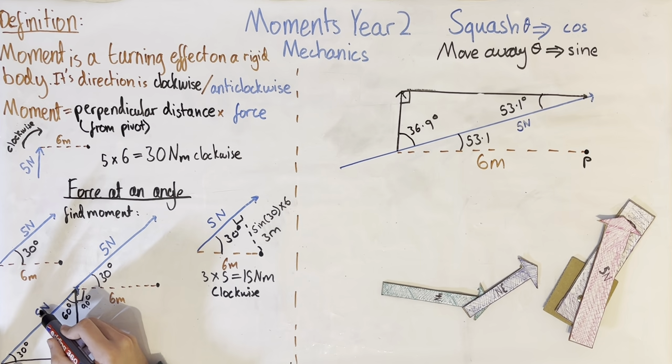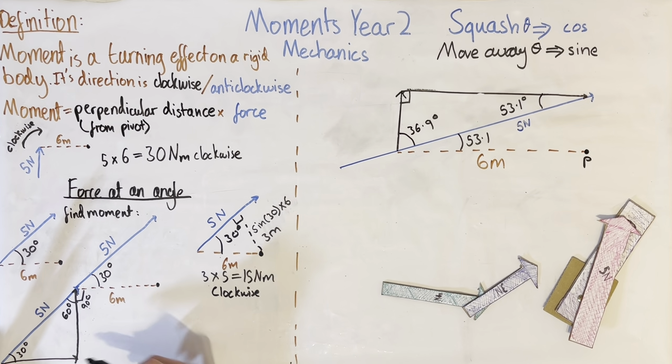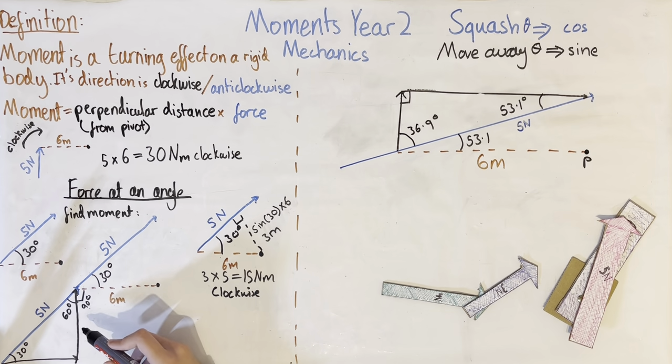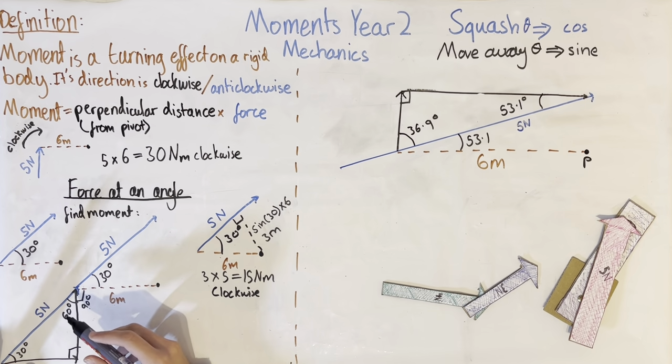Now, if that's 5 newtons, that's 30 degrees, that's 60 degrees, well, we can resolve what the upwards force is using our triangle here, because the vertical force and the horizontal force are at right angles.